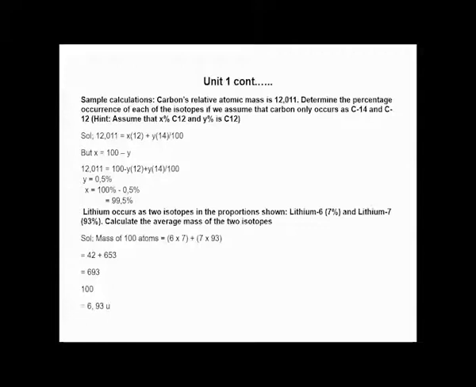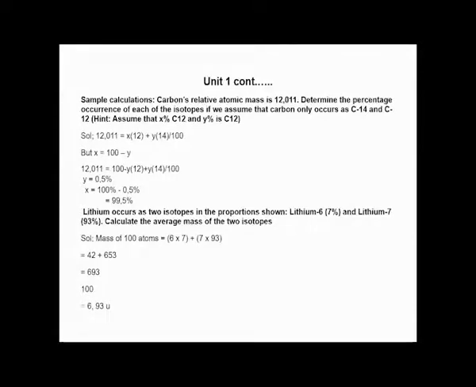So what do you do? You just add the mass of the 100 atoms together using this formula. Solution: the mass of 100 atoms is equal to 6 multiplied by its percentage, 7%, plus lithium 7 multiplied by its percentage, which is 93%.